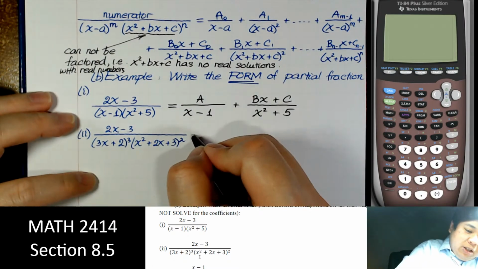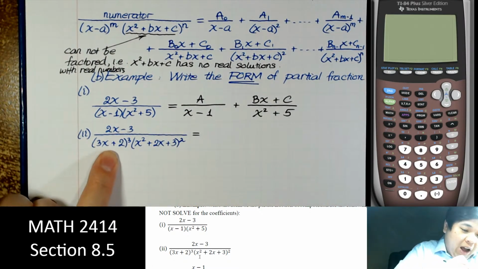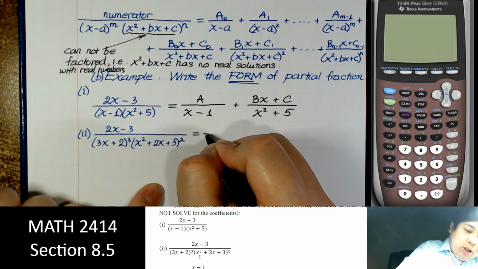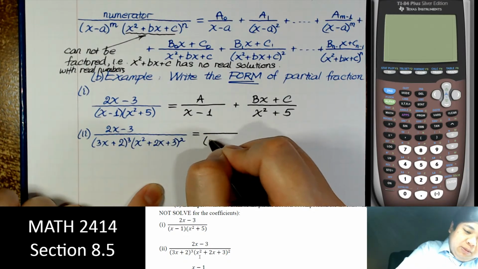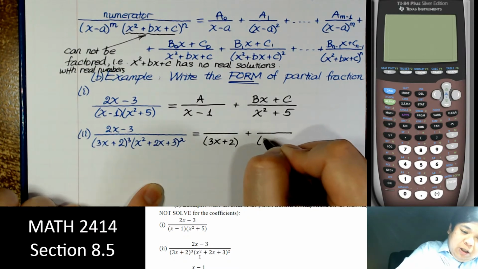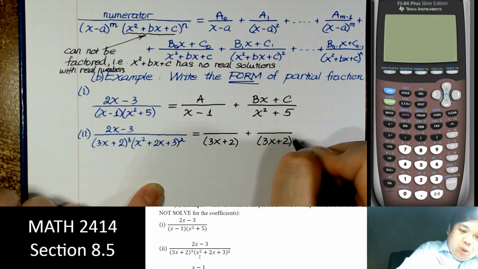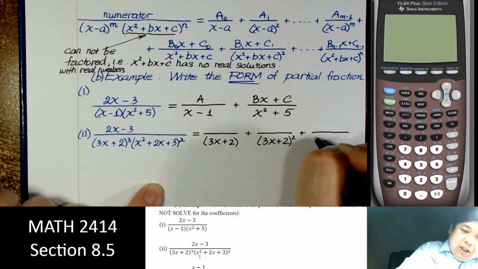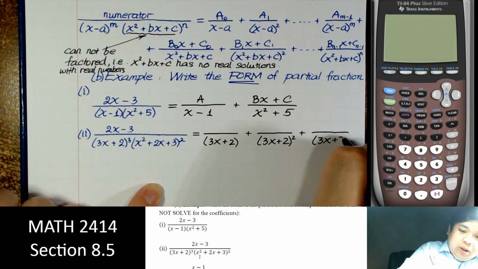Right, so first, a linear factor cubed, so we're going to need 3 of them. 2x plus 2, 2x plus 2 squared, and 2x plus 2 cubed.